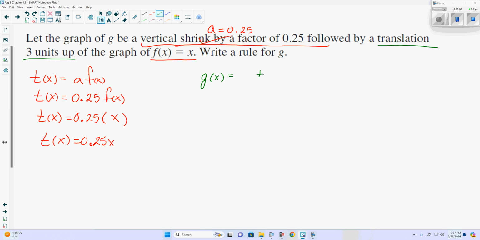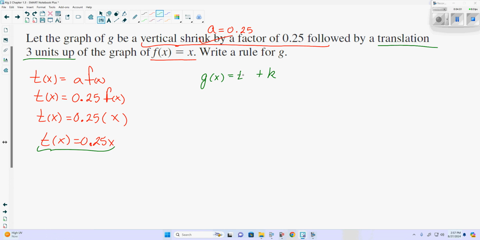So the general form, we would normally say that this is f of x plus k going up and down. But we're not applying this to the function f of x. We're applying it to what? T of x. Because we used one transformation for T of x.